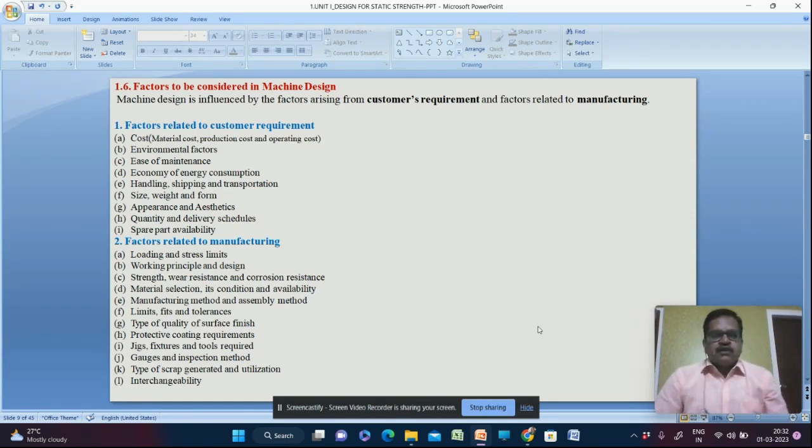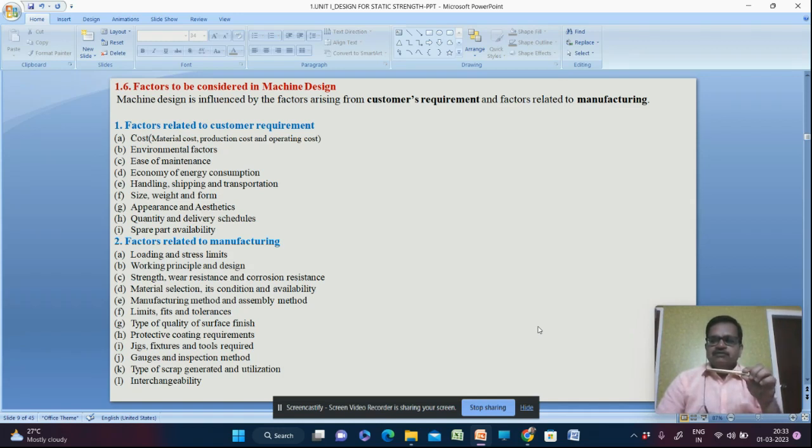Next, the tolerances. Tolerances are the deviations that are allowed on the dimension. For example, this is the shaft we are going to make, and the maximum size and minimum size we have defined.